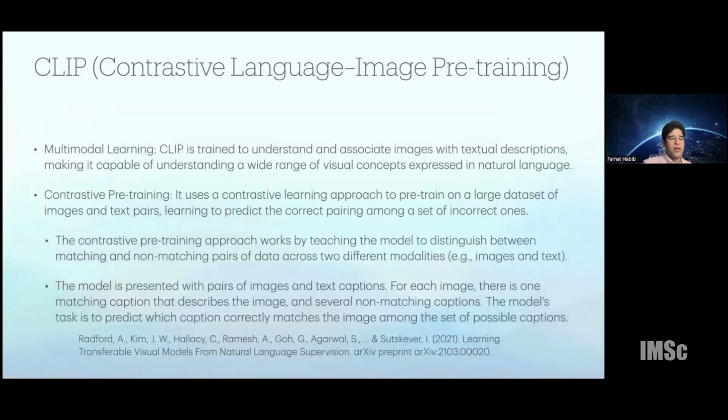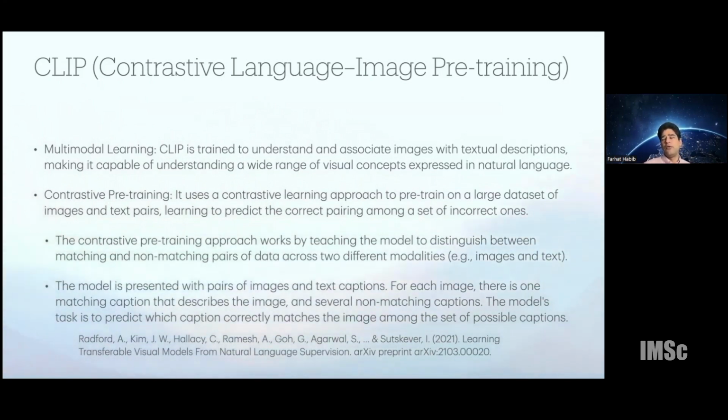To look at that, there is another model that I'll briefly talk about called CLIP. CLIP stands for Contrastive Language Image Pre-training. The CLIP model is trained to understand and associate images with different textual captions.